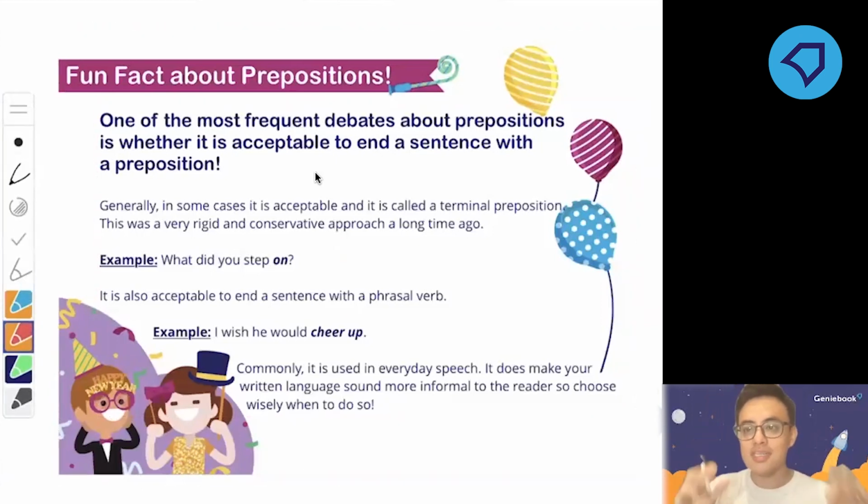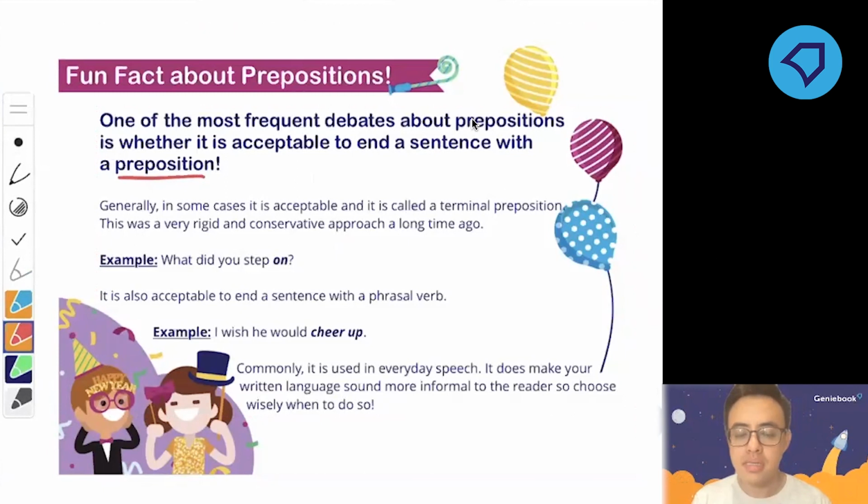Something about English that you may find interesting is that the rules in English and the rules in grammar constantly change. In the past, some rules that we had to follow, we no longer have to follow anymore. So in the past, there was this rule that we cannot end a sentence with a preposition.